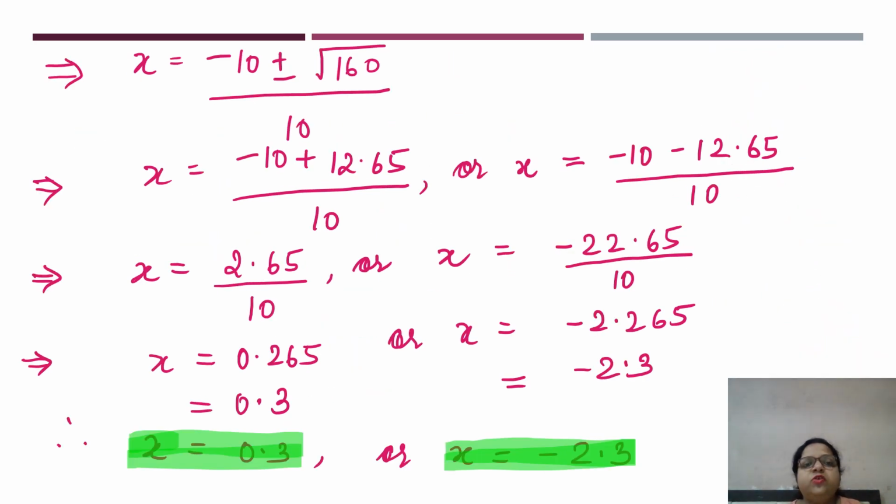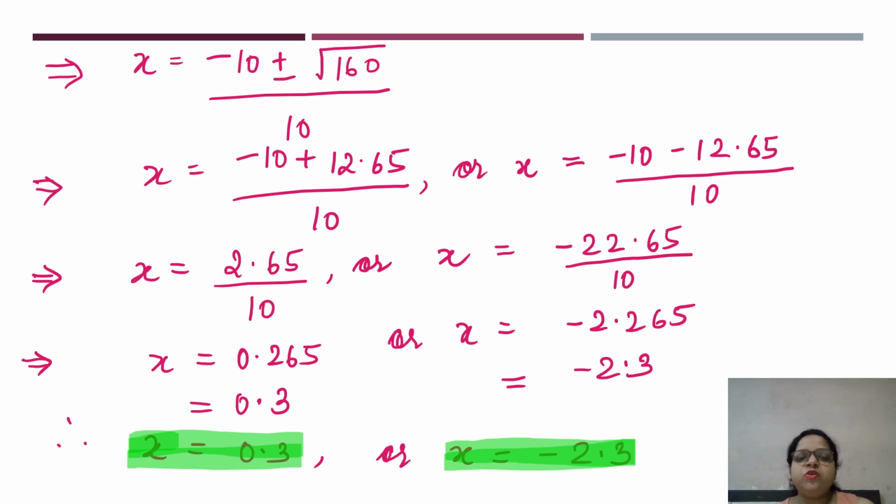So x is equal to minus 10 plus minus under root of 160 upon 10, that is equal to x is equal to minus 10 plus minus 12.65 upon 10, or x is equal to minus 10 minus 12.65 upon 10.